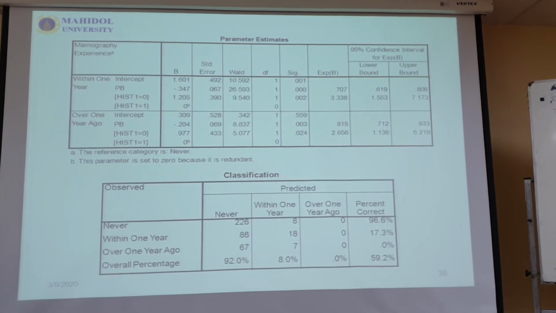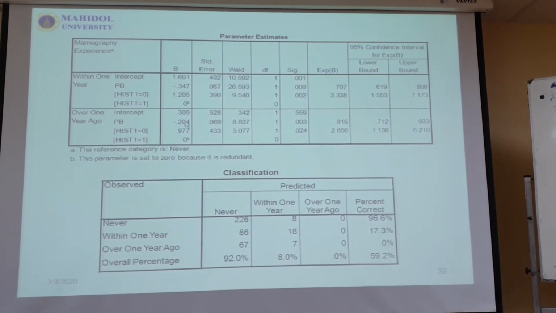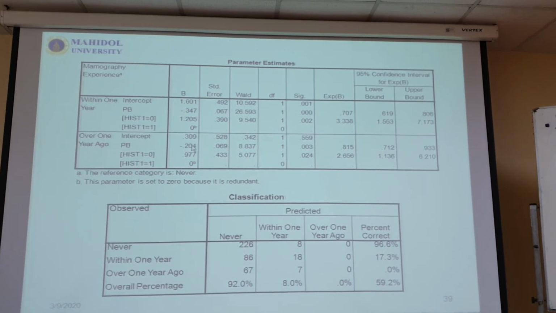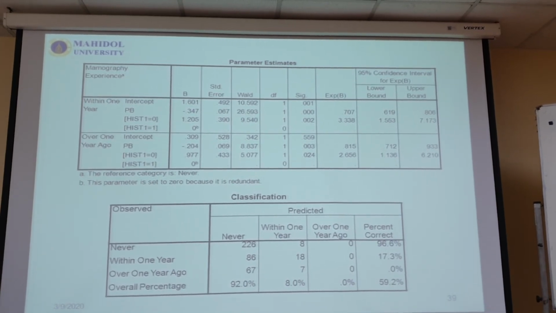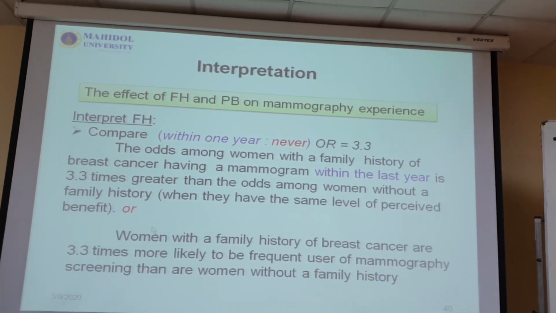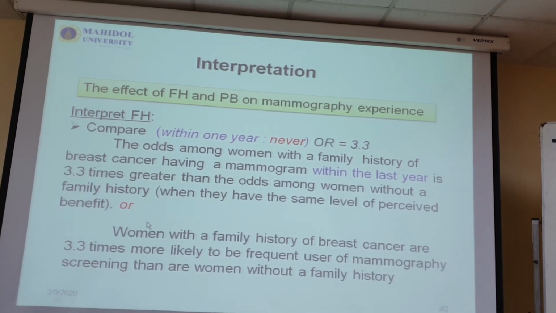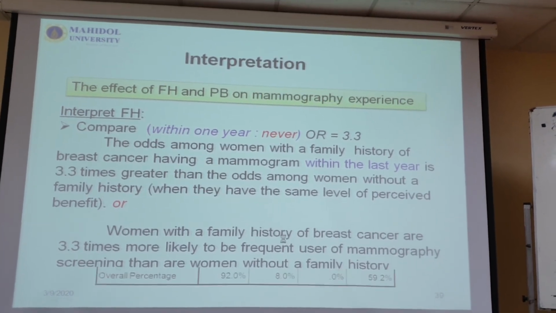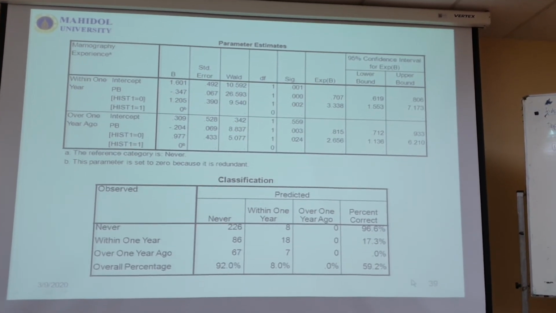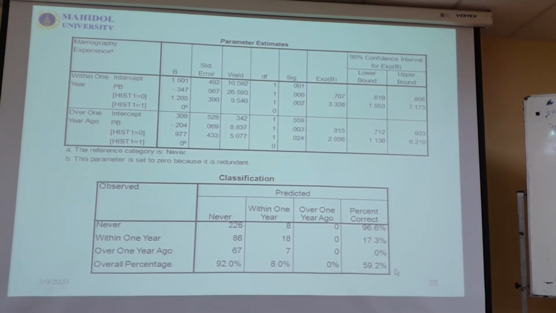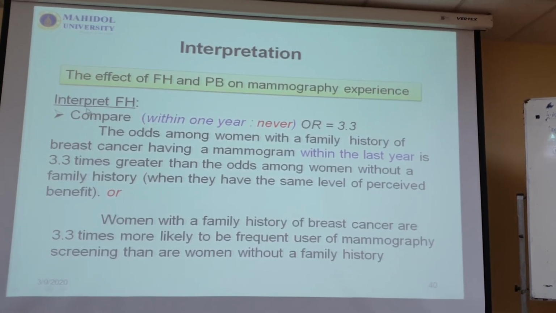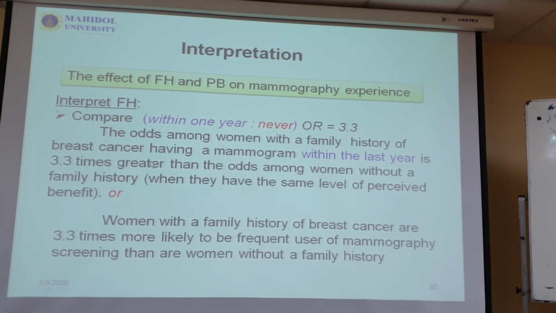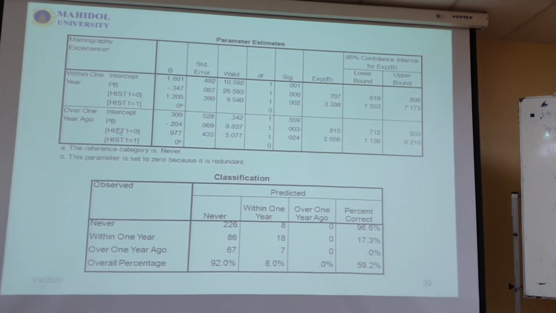Now after we got our model, how can we interpret? We just interpret straightforwardly the odds ratio here. Please look at slides number 38, 39, and 40. Look at each part. When we interpret, we will interpret each part.